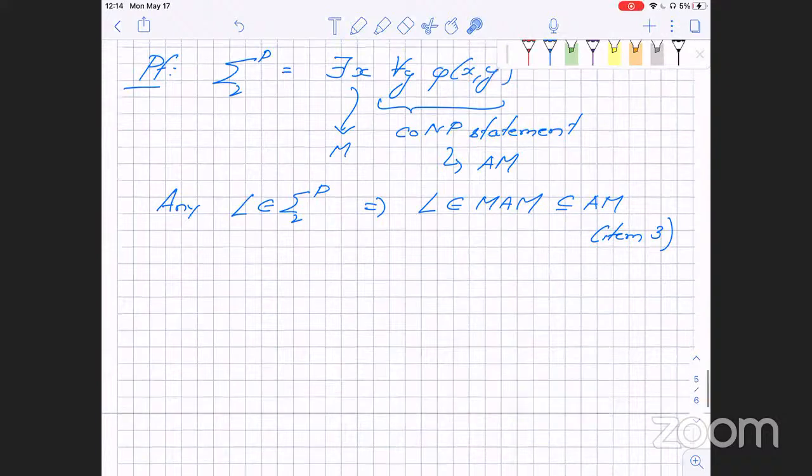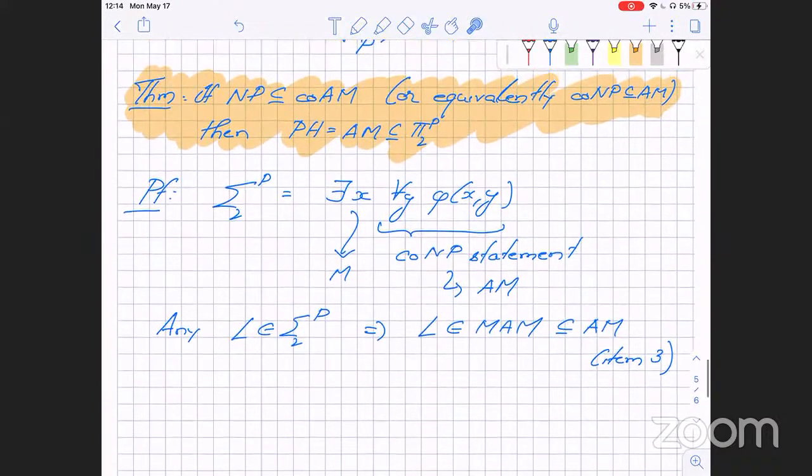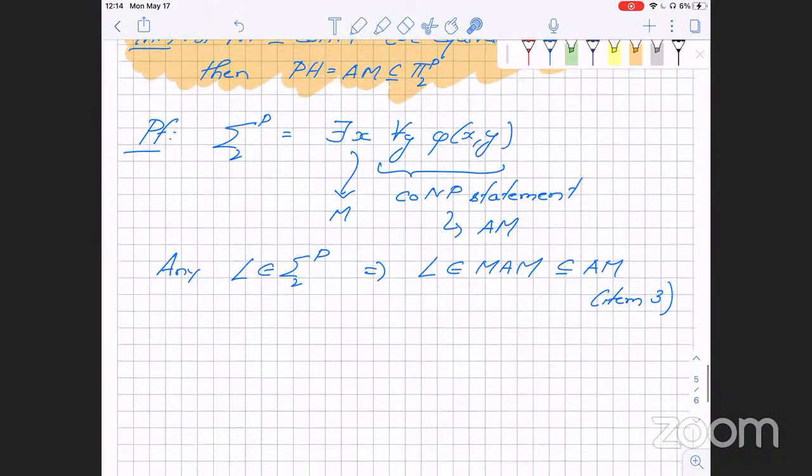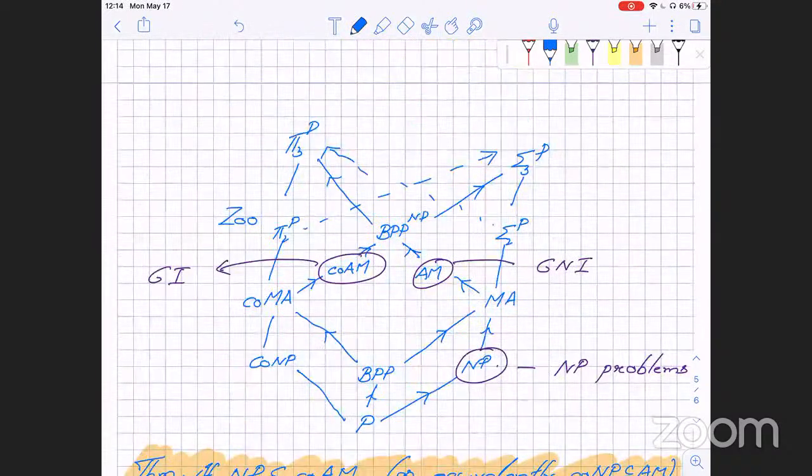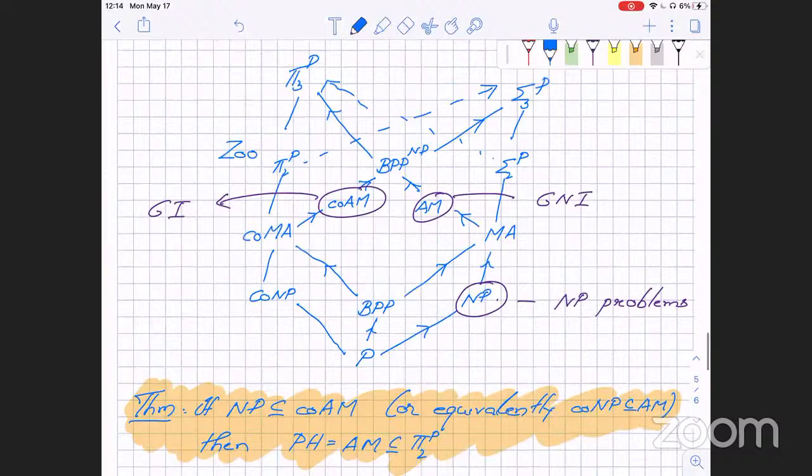Okay. So any constant round MAM, whichever way it is, eventually goes to AM. So this means sigma 2p is in AM. But sigma 2p, AM we already saw in this picture of classes. AM is, by the way, I should have written this, AM is in pi 2p.